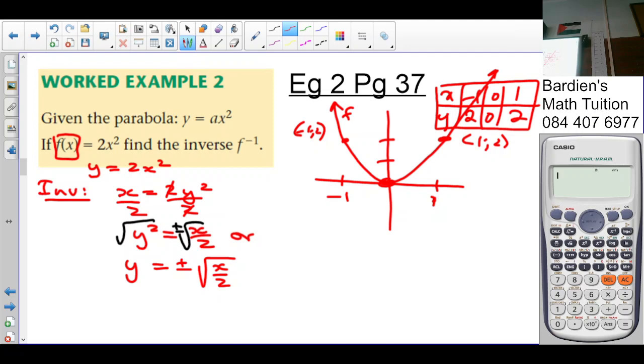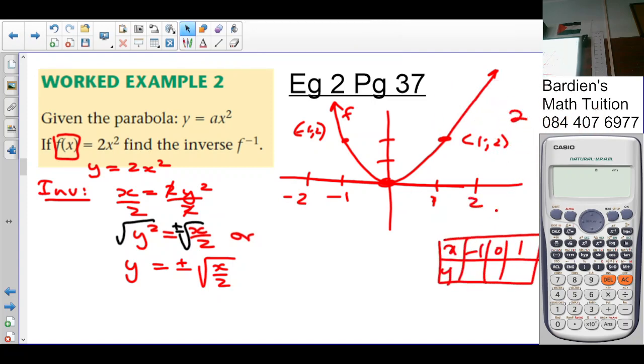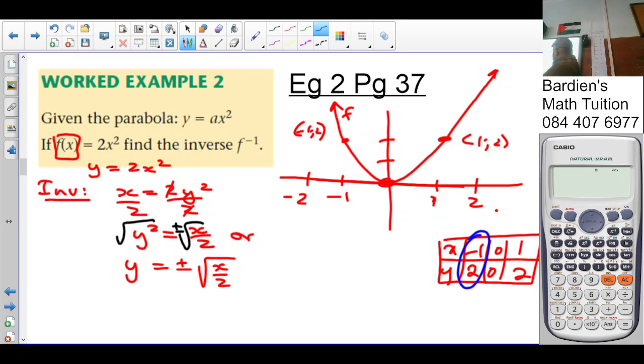So what did we say earlier on? What do we do when you work on your inverse function? We swap x and y around, not so. So if you swap that around, this point of minus 1 and 2 becomes 2 and minus 1. This graph is not drawn to scale, so it won't look so symmetrical.